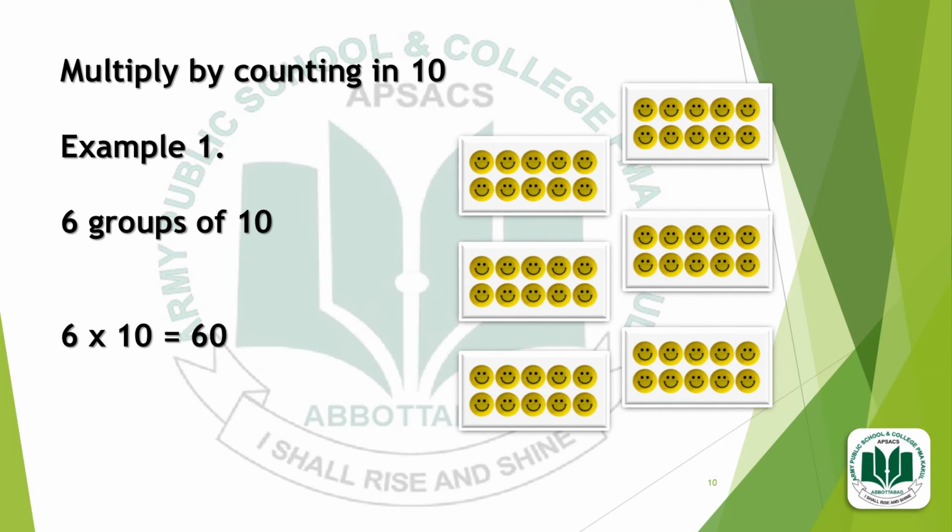Now you have to find the total things in 6 groups. So instead of counting again and again, we will multiply the 6 groups of 10. 6 groups of 10s means 6 multiplied by 10 and 6 tens are 60. So we have 60 smileys.